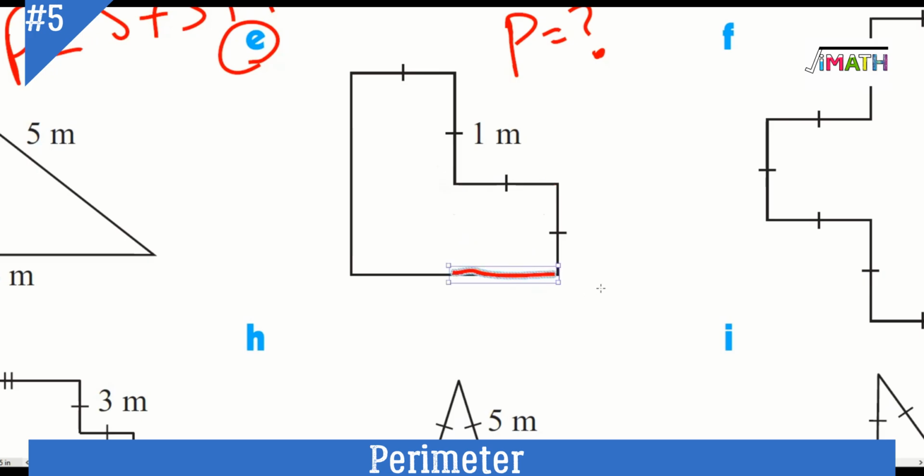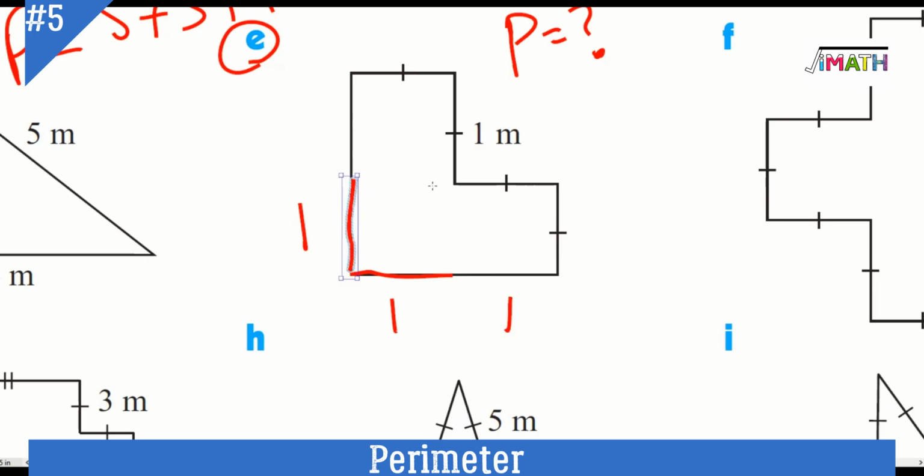Yes. And if this one is 1 meter, the other side is also 1 meter. You can see that, right? Yeah. And if this length is 1 meter, means that the others, if we make it equal to this one, it's going to be 1 meter as well, right? Yes.